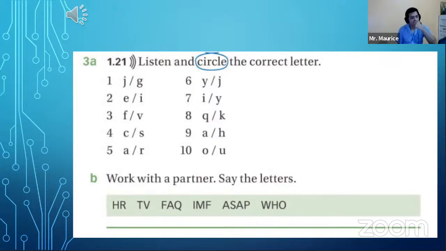Y. 7. I. 8. Q. 9. H. 10. O. Okay, let's do it.